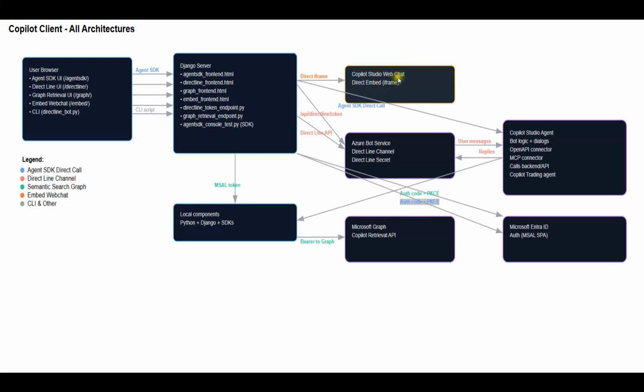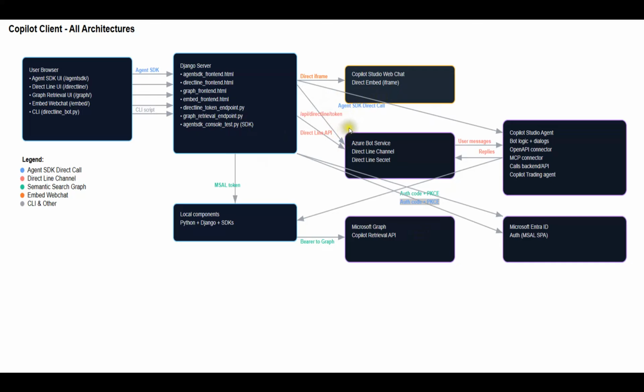We will just have an HTML page which embeds the iframe, and this iframe is rendering the UI of our agent. This is one of the options that we had available in Copilot Studio, and this will be one of the use cases that we will show here.